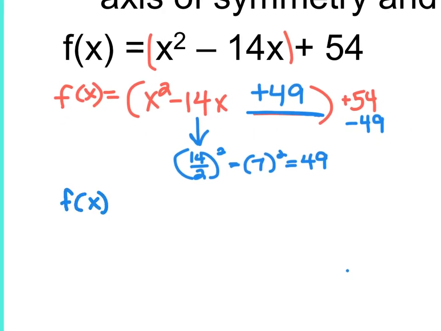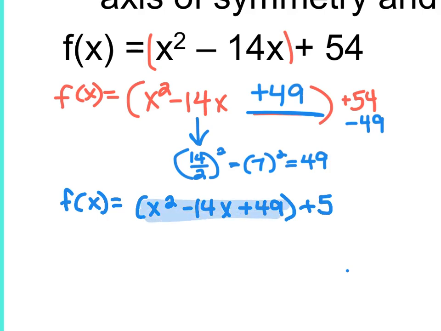So I've got f of x equals x squared minus 14x plus 49, and then 54 minus 49, which is a positive 5. With me so far? All right, so what I just did was make this a perfect square trinomial.